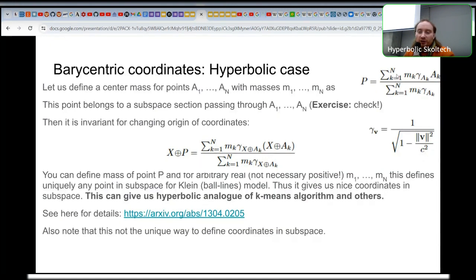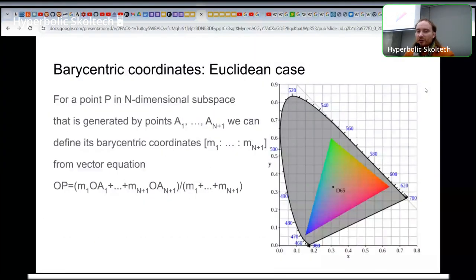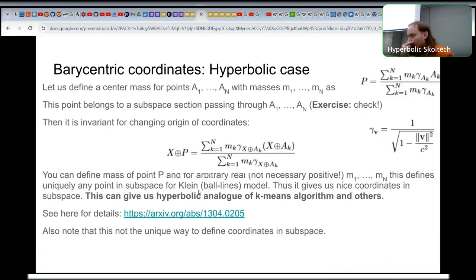The sum of coefficients of ak just equals 1. You have mk gamma ak divided by the sum of mk gamma ak. So the sum of coefficients is just 1, and on the previous slide you probably noted that the sum of coefficients there is also 1. We have discussed it for too much time.